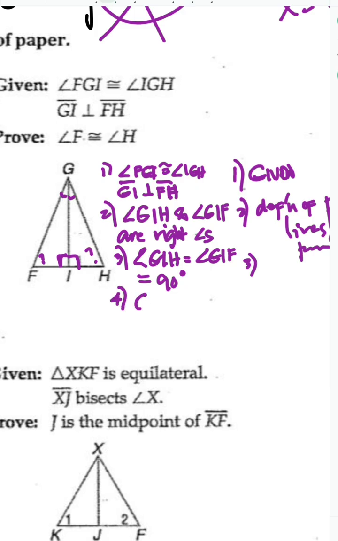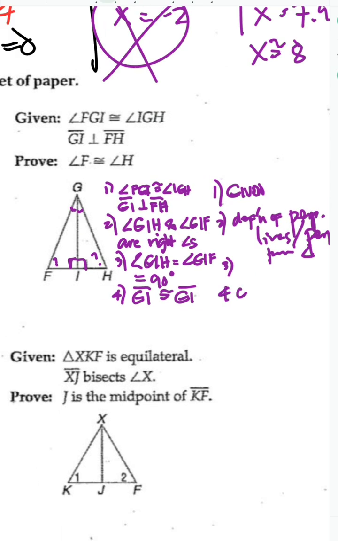Then they share a common side, right? Common side, reflexive property of congruence. Then we already have two angles and a common side. The side is included.